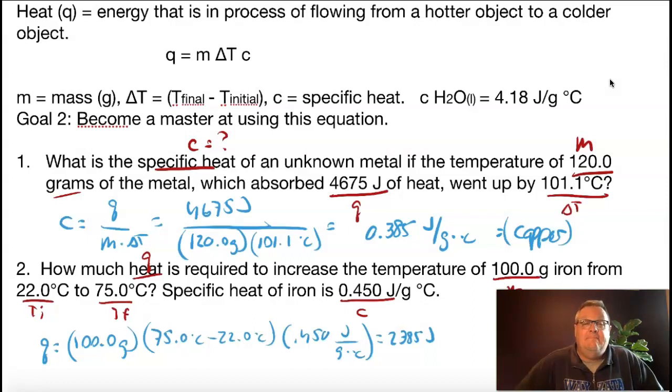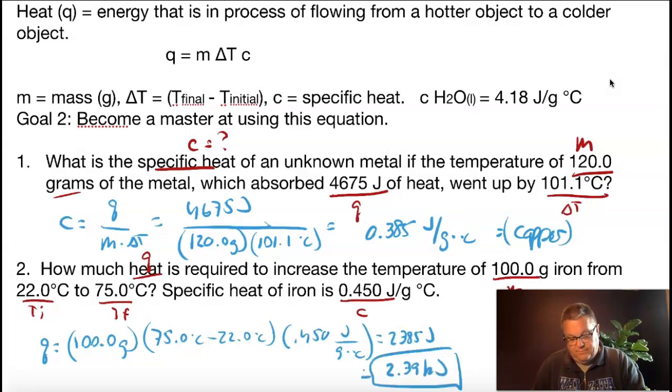Plugging those numbers in, I get 2,385 joules is my answer. If you're over 1,000 joules, then in best form, I would want to express that as kilojoules. Let's see, we're down to 3 sig figs, so my final answer is going to be 2.39 kilojoules. All right, let's move on.